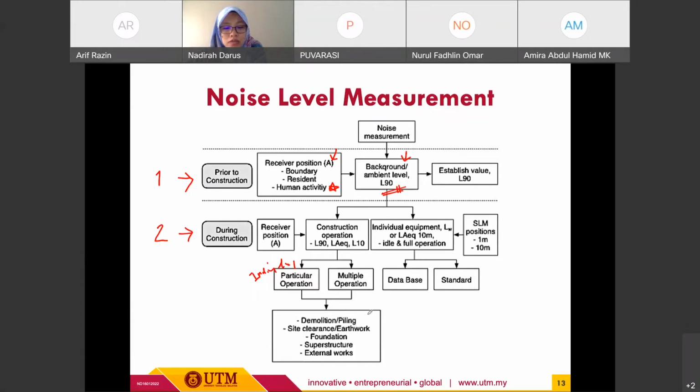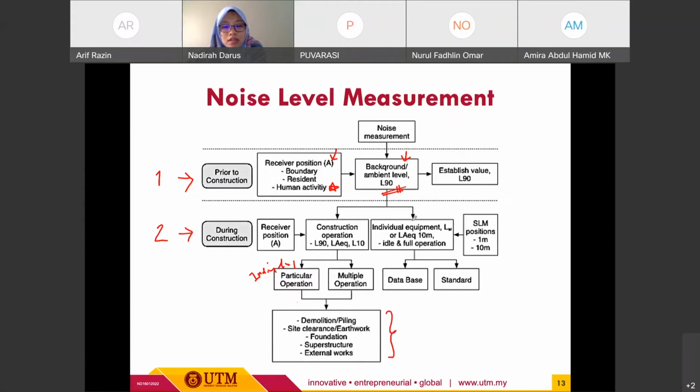These are several types of construction stages, starting from demolition, if it requires demolition, up until external works. This is some example of the construction stages.